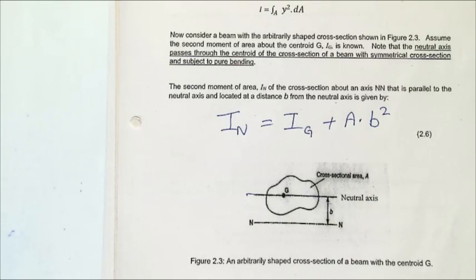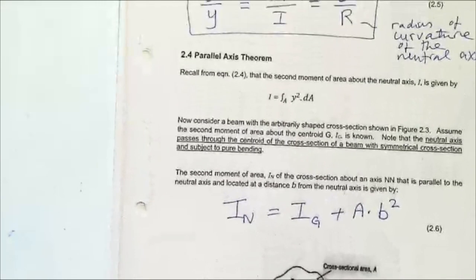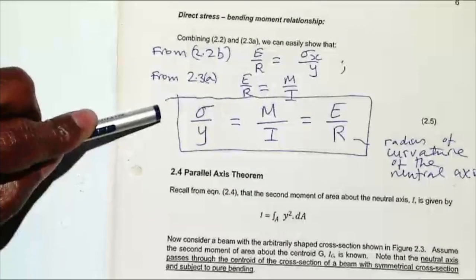Okay, so let me summarize. I want to stop here because on Monday, I'm going to do different cases of how to find the second moment of area and also how to use this.